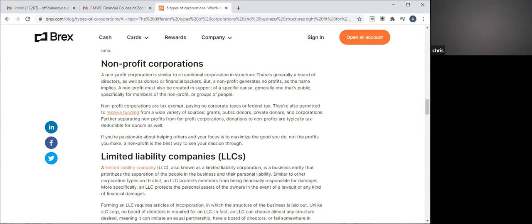Whenever they say this, I'm always like, they say this so wrong, because that's not the case, rather. The second statement is the case. It says a nonprofit generates no profit, right? So let's take that out. As the name implies, a nonprofit must be created in support of a specific cause.